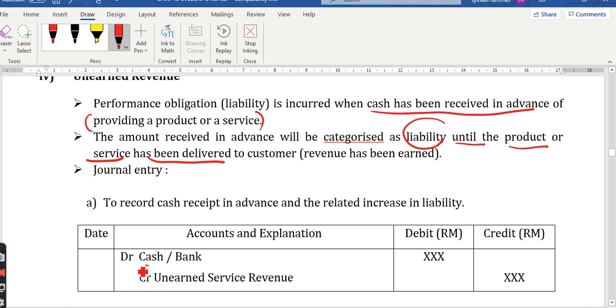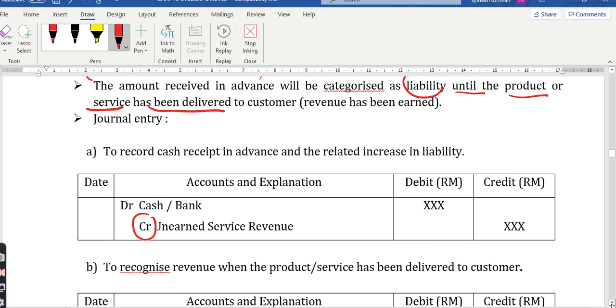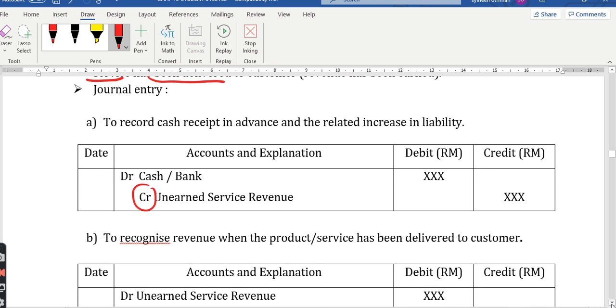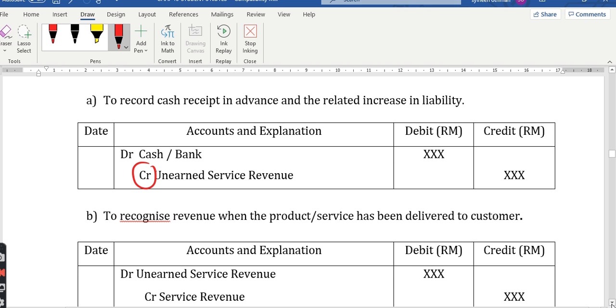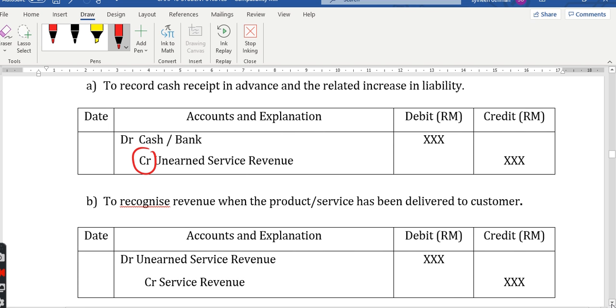So we will credit unearned service revenue. And when you have already delivered, or when you have already sent the product or the merchandise to the customer, only then can you recognize the revenue.